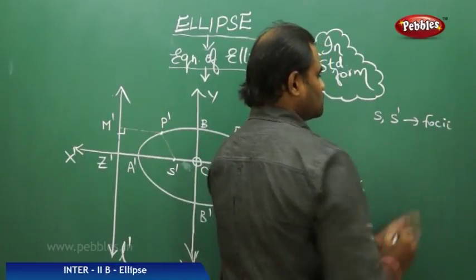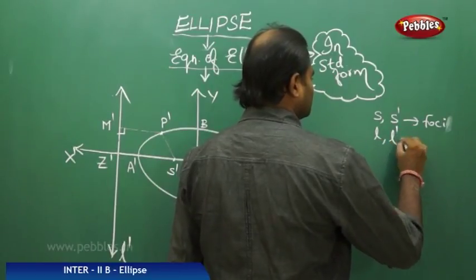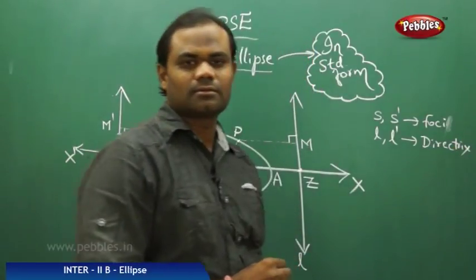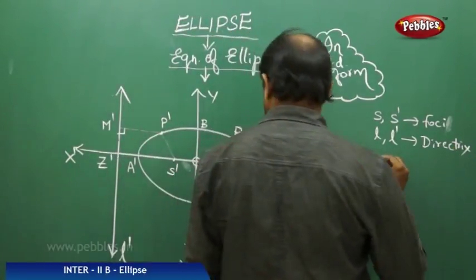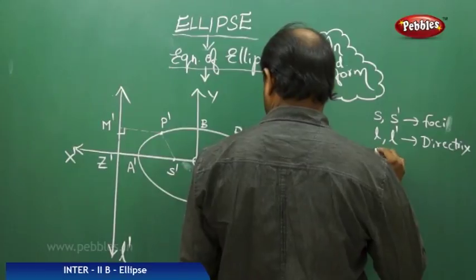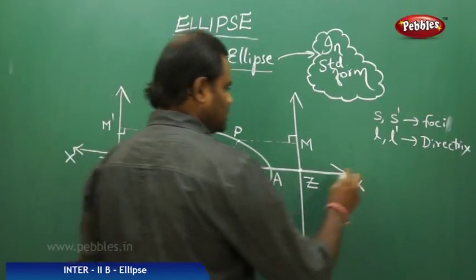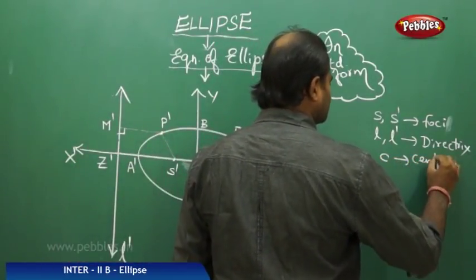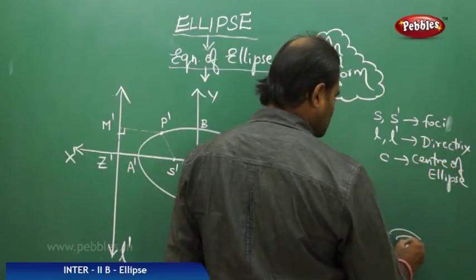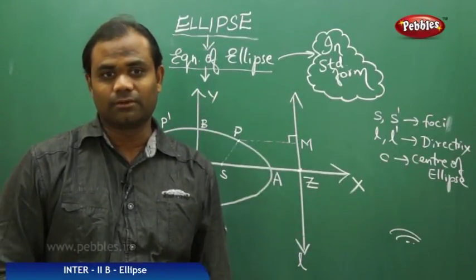The plural of focus is foci, and then L and L dash are called the directrices, and then I have S dash and L dash and C, which is the center of the ellipse, is how I understand each of the structures or the properties of the ellipse in standard form.